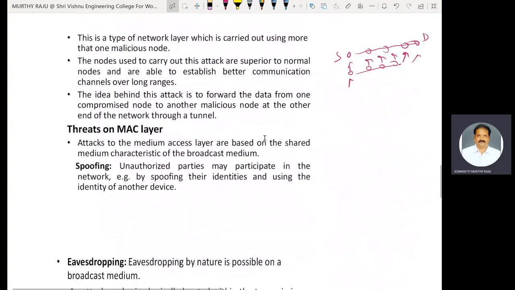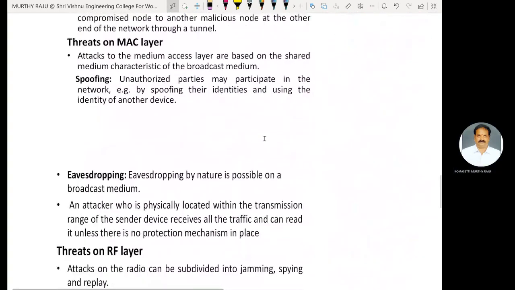Now I will concentrate on threats on the MAC layer. Spoofing. Spoofing means unauthorized parties may participate in the network, for example, by spoofing their identities and using the identity of another device. Authorization means providing identity to the intended users, the communicating parties.